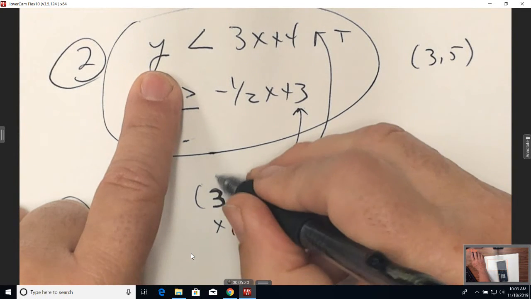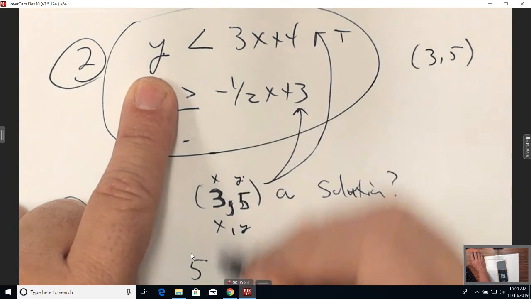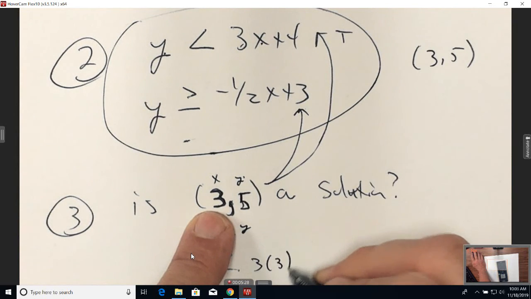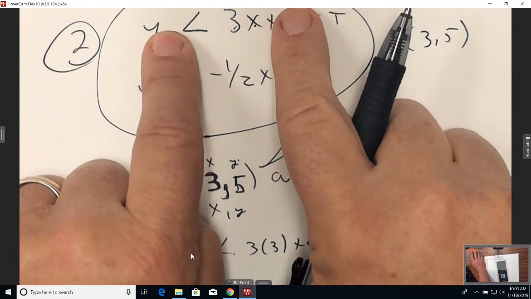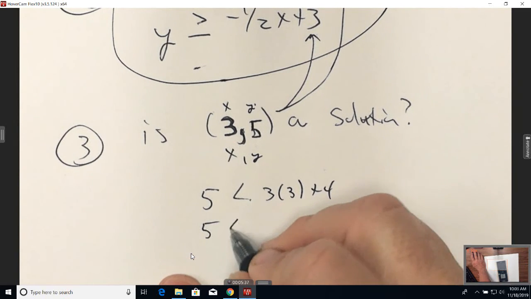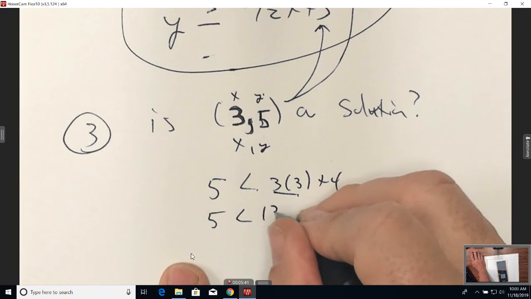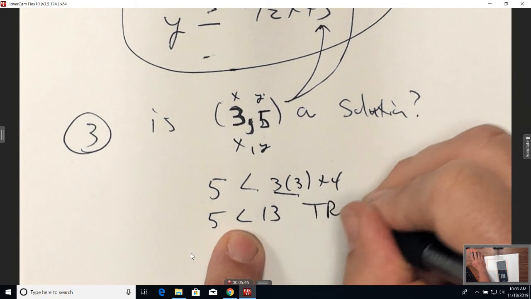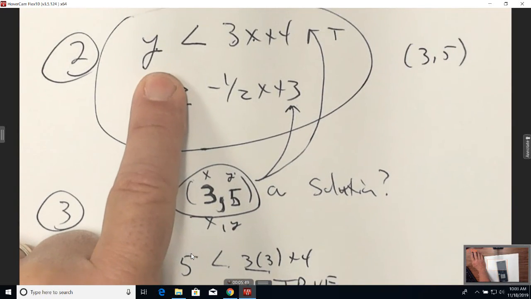If I were to plug in an x and a y, and my y is 5, is it less than 3 times x, which is 3, plus 4? Let's see. Is 5 less than, what's 3 times 3? 9 plus 4 is 13. Is 5 less than 13? True. So do you see how that x and that y made the first inequality true?